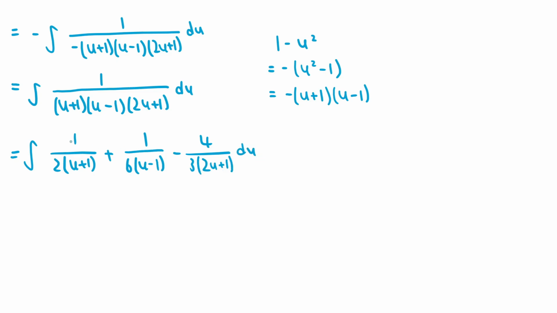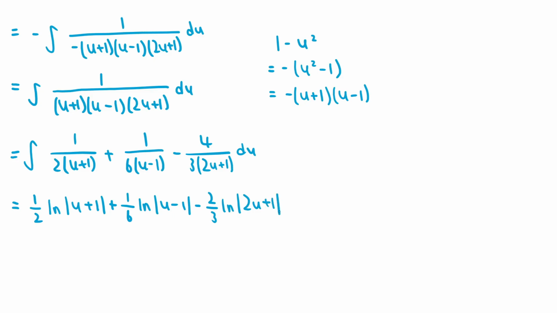If we integrate each fraction separately, the integral of 1 over 2 times u plus 1 is 1/2 times ln of the absolute value of u plus 1, and the integral of 1 over 6 times u minus 1 is 1 over 6 times ln of the absolute value of u minus 1, and the integral of the third fraction is negative 2 over 3 times ln of the absolute value of 2u plus 1, and we need to add the constant of integration c.